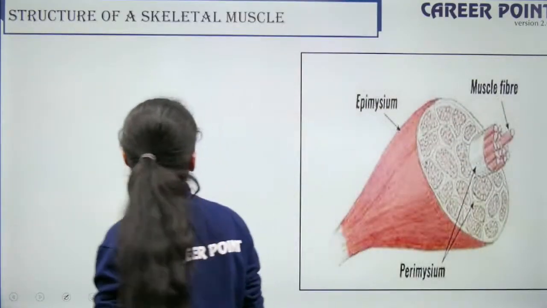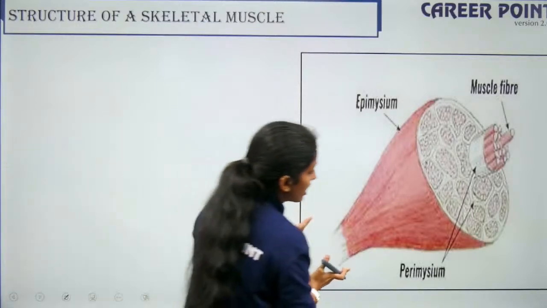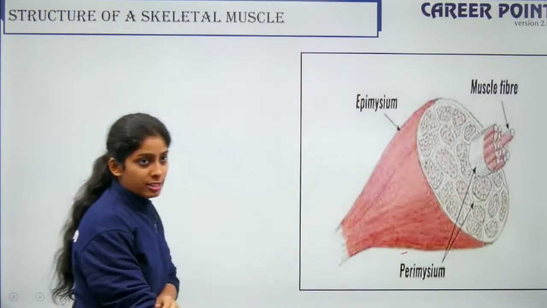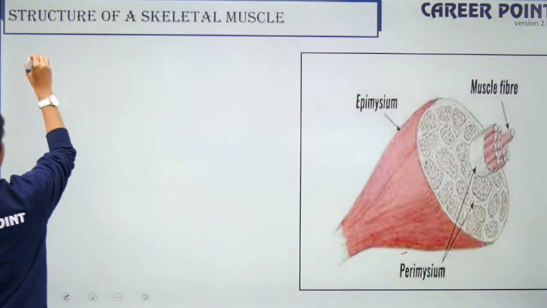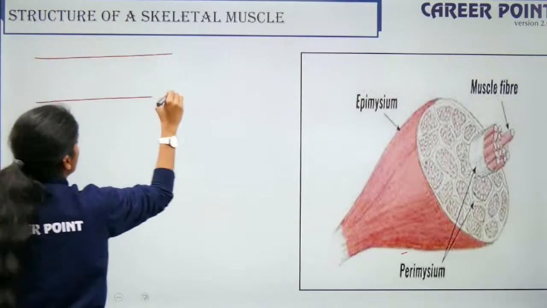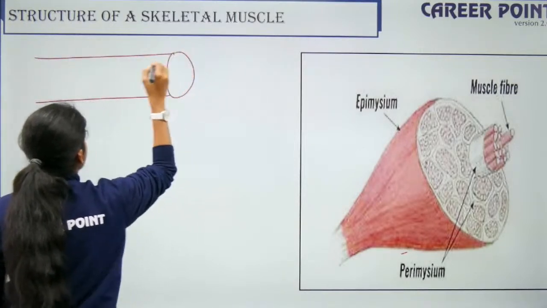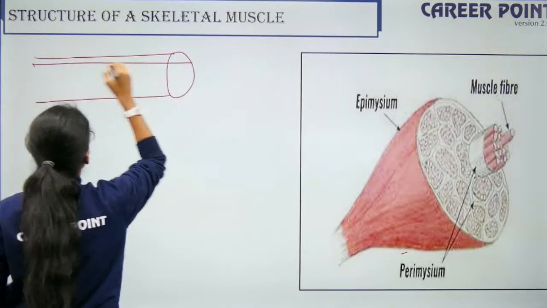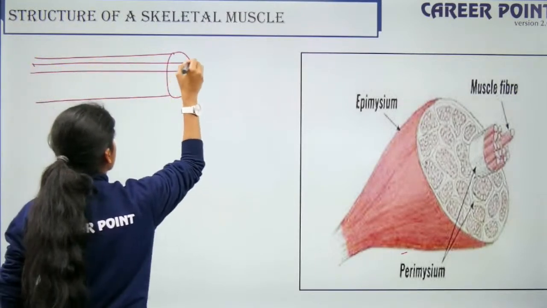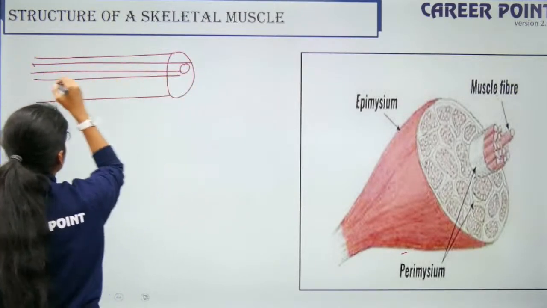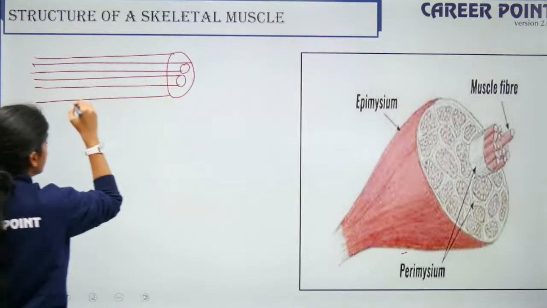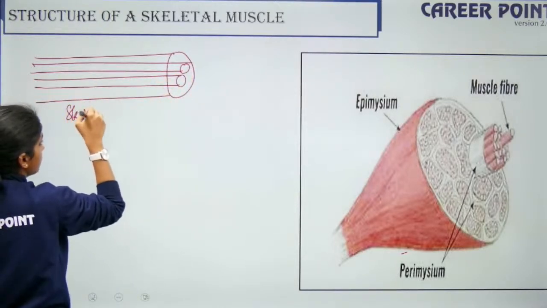So here, if you can see, this entire thing is my skeletal muscle, right? So let me draw. I am drawing a skeletal muscle. So this is a skeletal muscle.